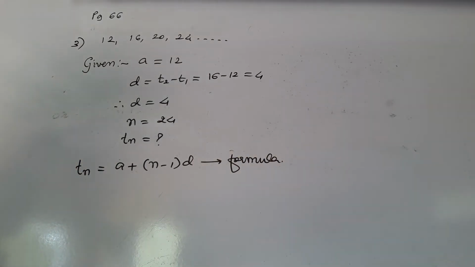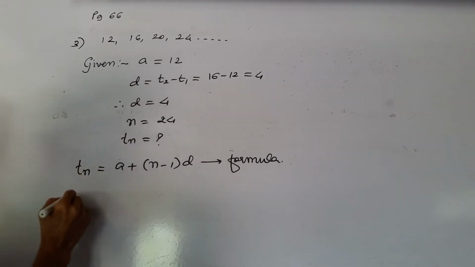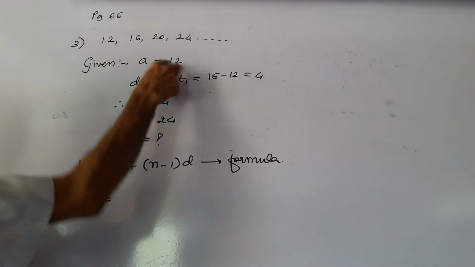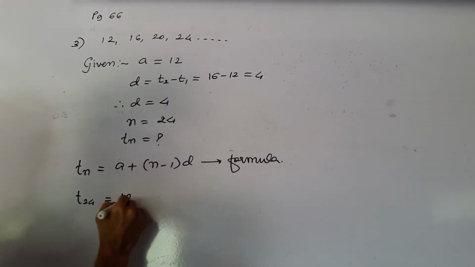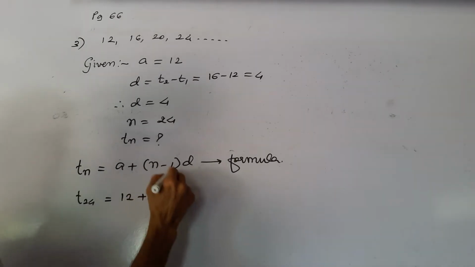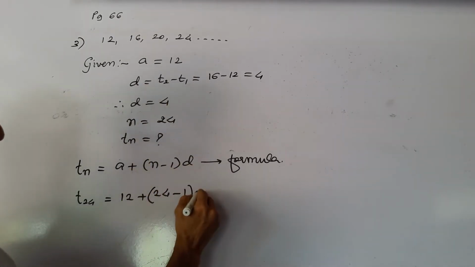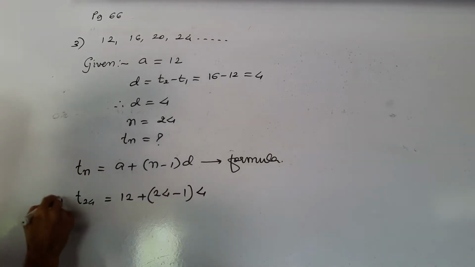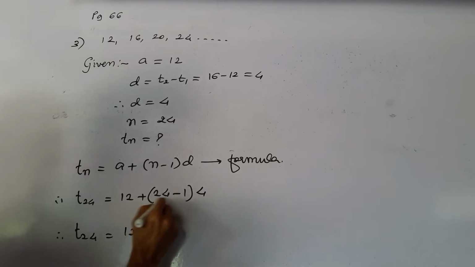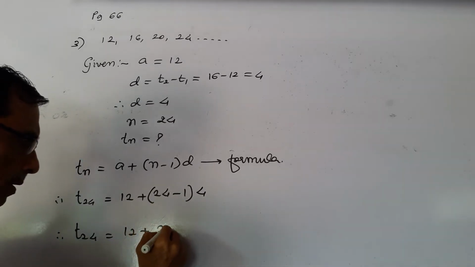This formula. Now see the way I substitute. Tn is not given, so write it as it is. Tn, but n is 24 we know, so T24, that is the 24th term we want, and that we do not know. So for that, they have given A is 12, then in brackets n is 24 minus 1 and D is 4, and therefore T24 is equal to 12 plus 24 minus 1 is 23, 23 into 4.